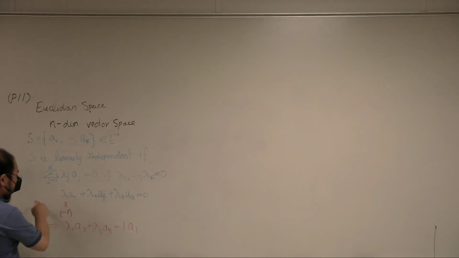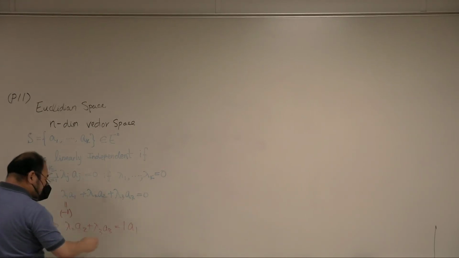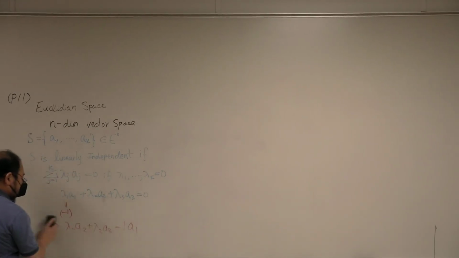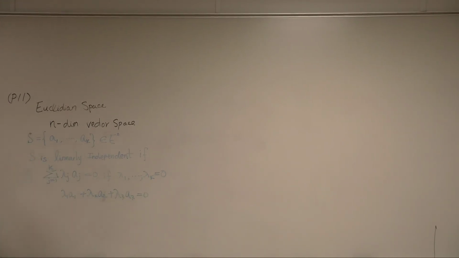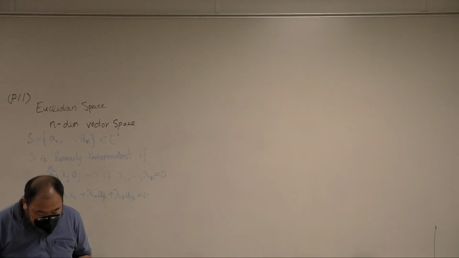We need this property later on to prove so-called span. We call it the span of a vector space. Okay, we need that in a minute. So I'm trying to explain this in a special case.